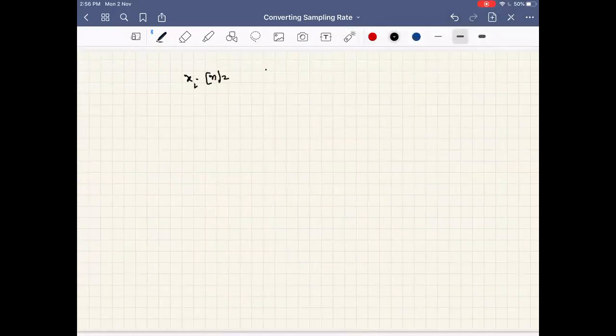It is equal to summation over k of x_e of k into h_L, the low pass filter, of n minus k. Okay, this is by expansion.